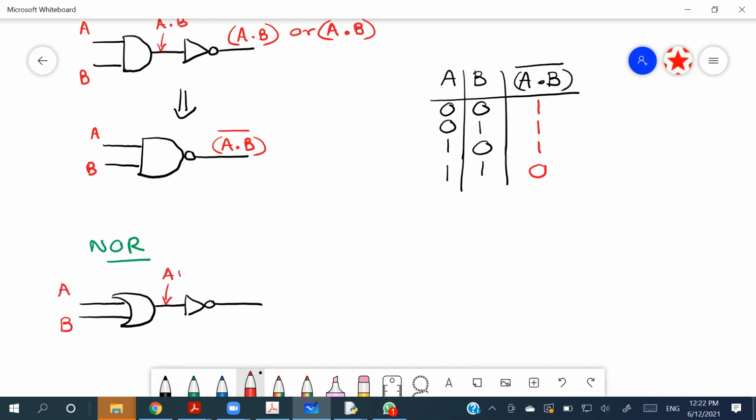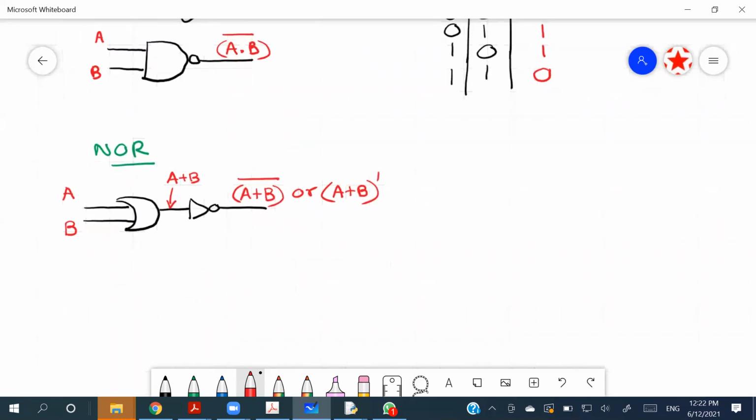This is going to give you A plus B. So here you are going to receive A plus B total bar or A plus B total dash. And remember, when you are doing the operation, it's better you use these brackets. Right? So the very same way we illustrate the NAND, we can illustrate the NOR as well.